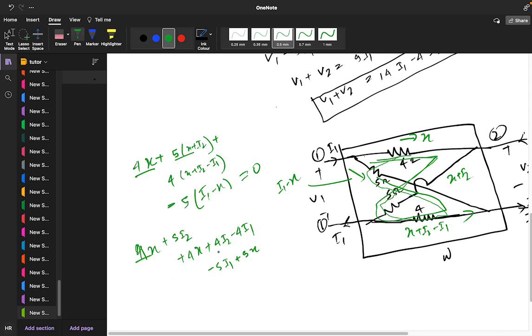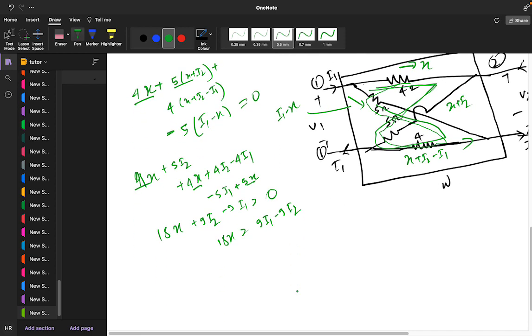So these 9x and these 9x will make it 18x. 5 I2 plus 4 I2 will give you 9 I2, and the next one is minus 9 I1 is equal to 0. So you are getting the value of 18x as 9 I1 minus 9 I2.